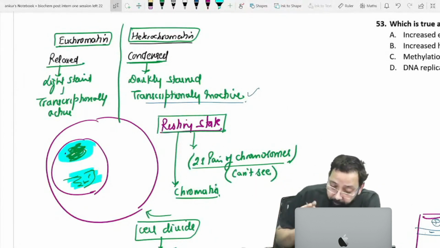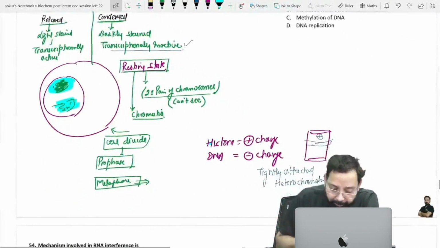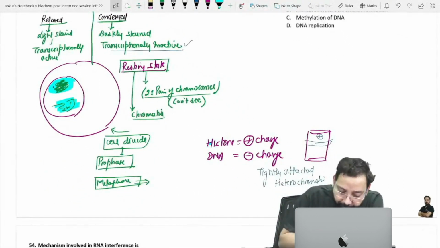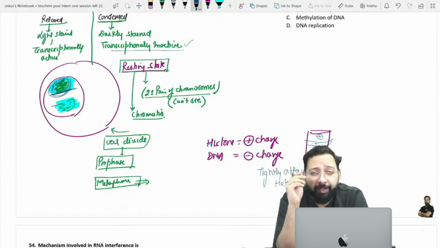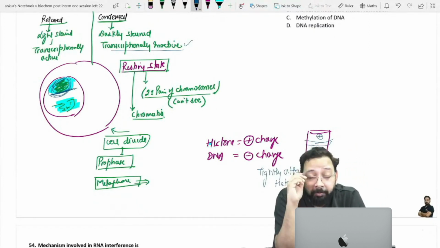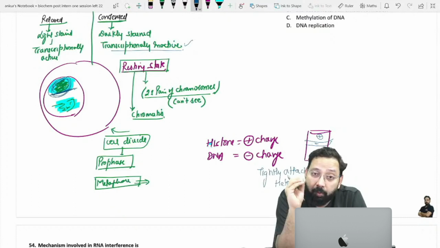Now, what happened? This was the nucleus. In this, genes were there. Out of 25,000 genes, many genes are kept in inhibited state. Only those genes are expressed which are required by the cell.